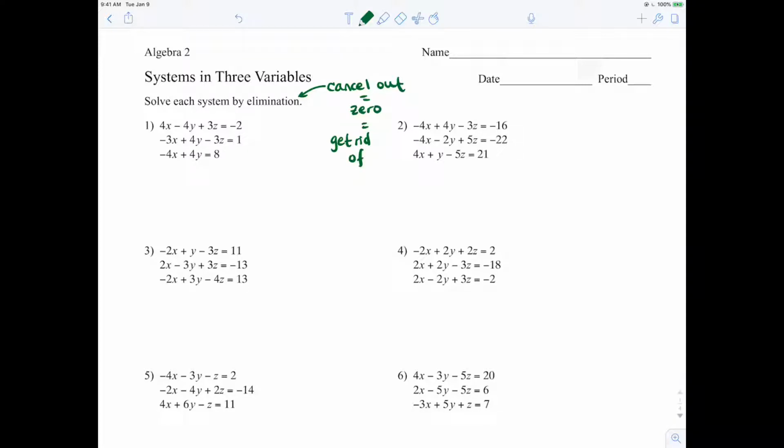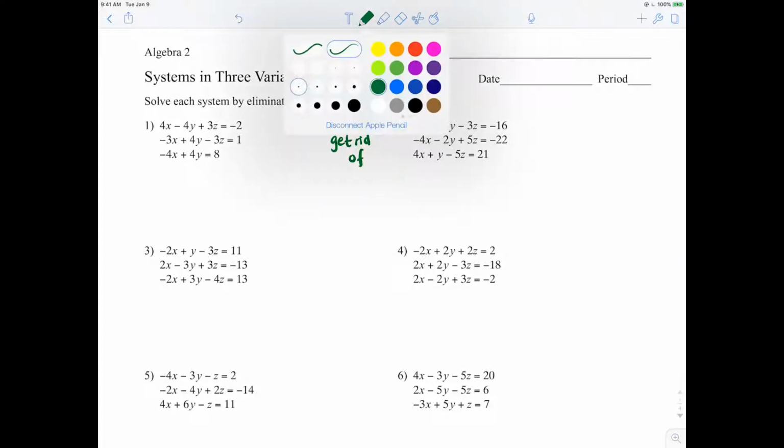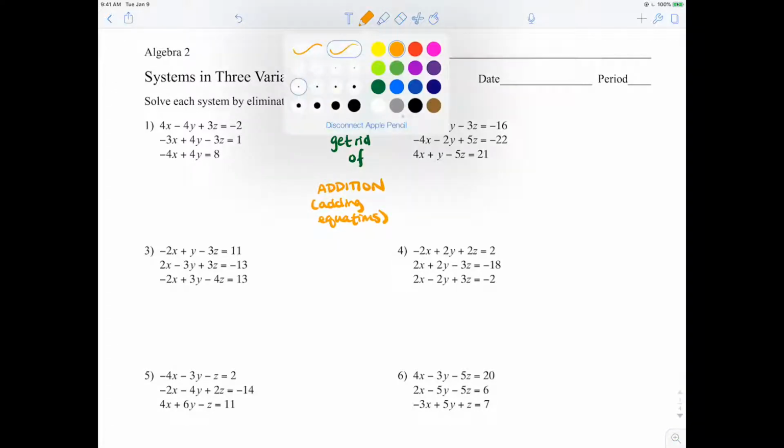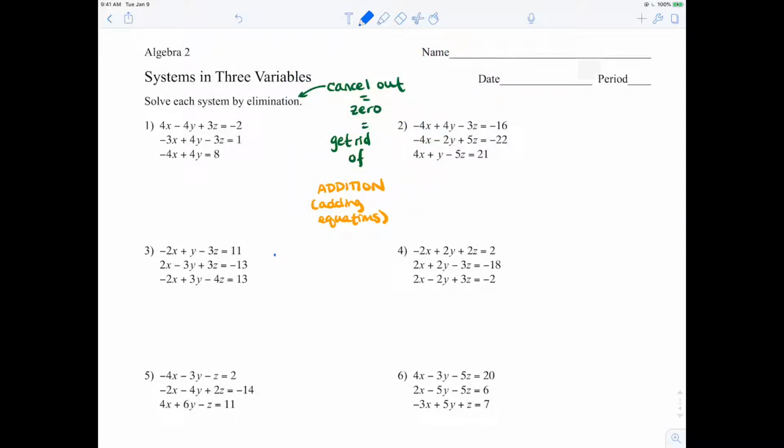And this can be done by a number of methods. I tend to stick with adding, so I default to addition. So adding different equations together in the system. And it's important to note that there's more than one thing to immediately eliminate in the system.